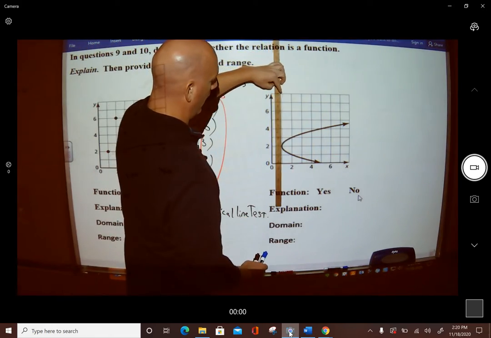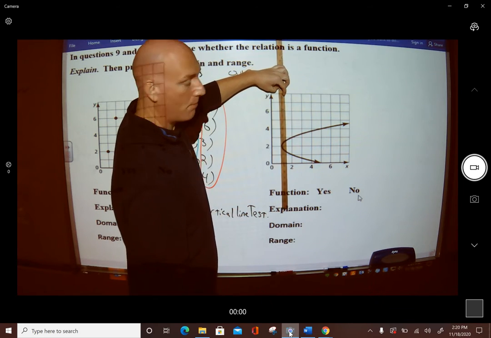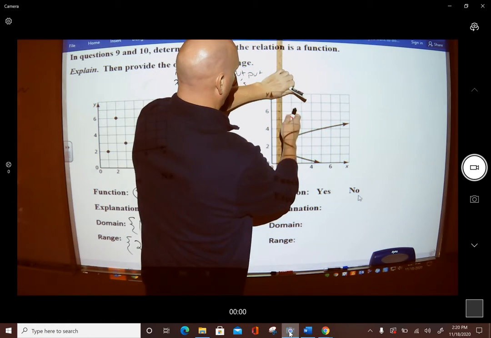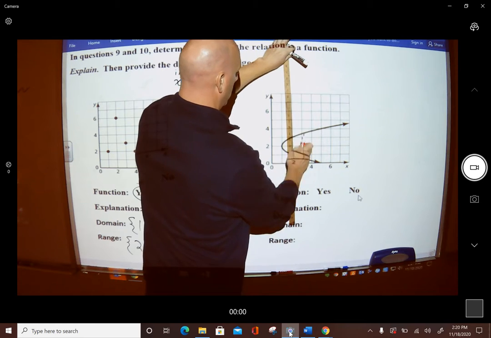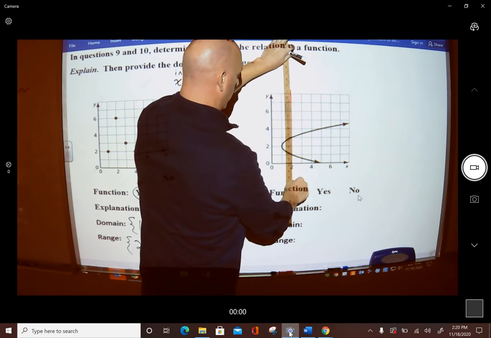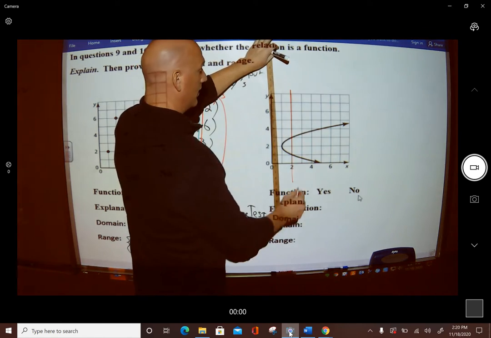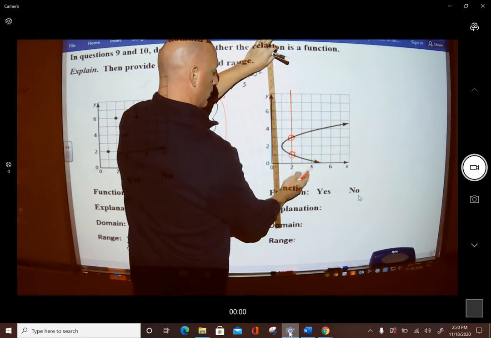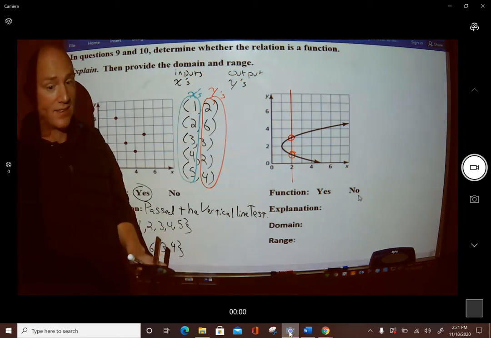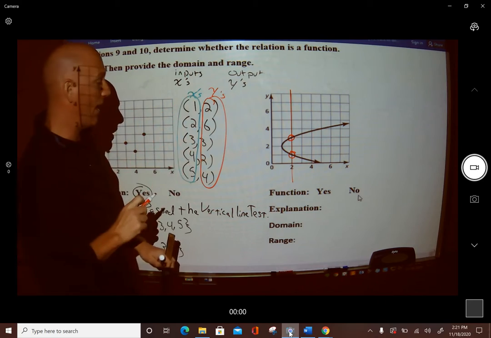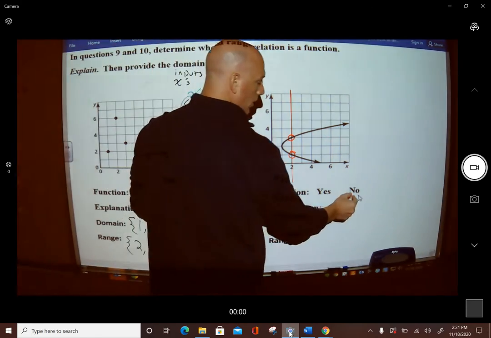So we start and fail. Right off the bat, we fail. Watch, when I draw this line, hopefully you notice, and you can draw a bunch of them, this line hits in 2 spots. The vertical line test says to pass it, you can only hit in 1 spot ever. So is this a function?